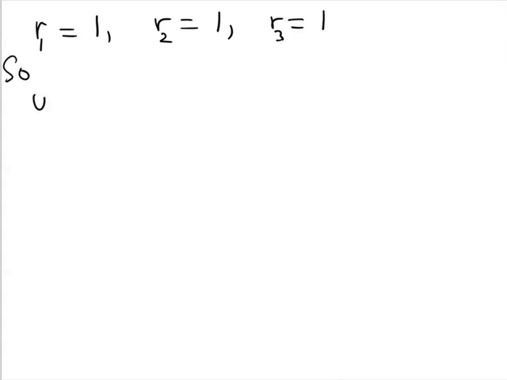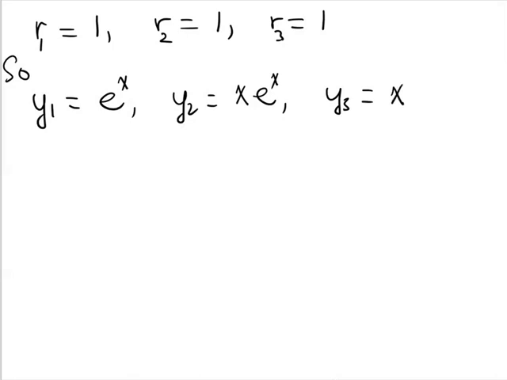And so y1 is e^x. What about y2? Repeated root. We need to multiply by x: x e^x. What about y3? Repeated again. We need to multiply again by x to get x squared e^x.